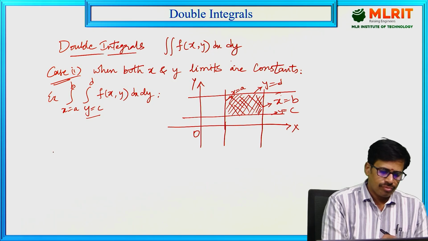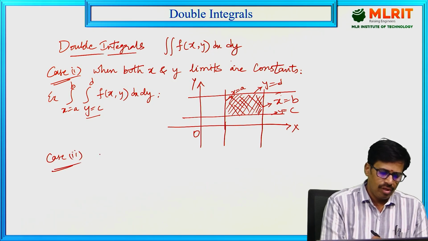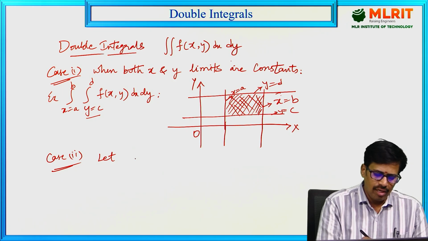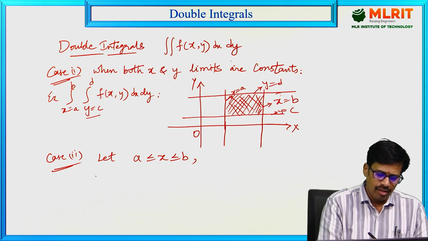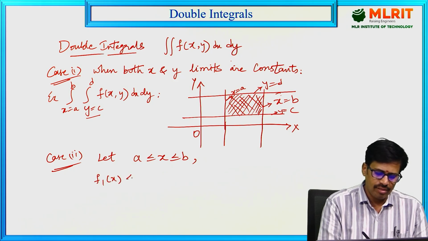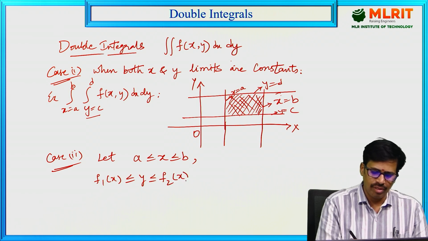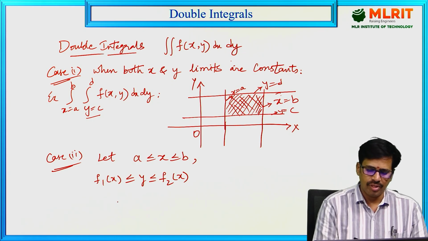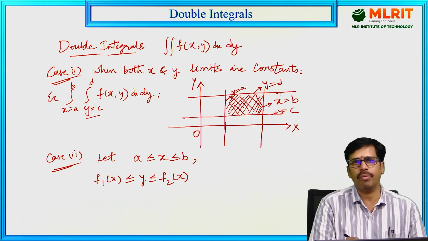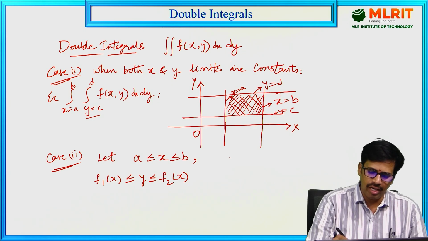Suppose case 2, let us take x varies from a to b and y varies from some function of x to another function of x. So here y is a variable limit and x is a constant limit. In this case, how to represent this double integral geometrically? Let us see.